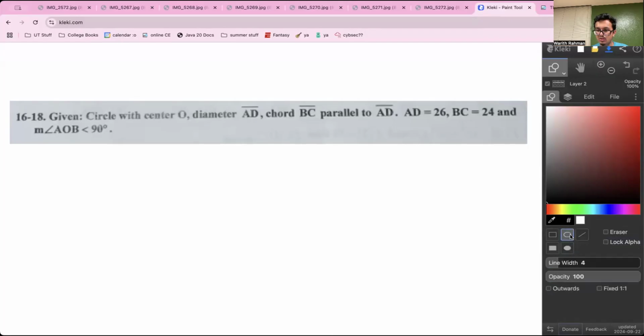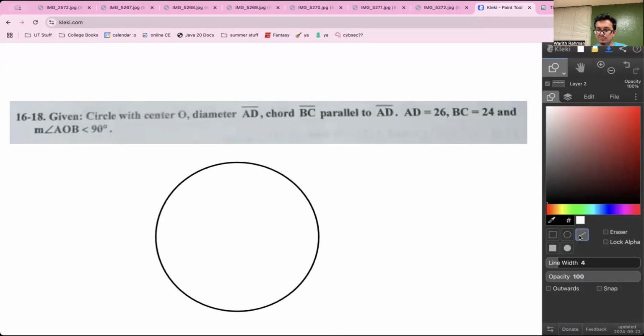Can I draw a clean circle? Oh, I can't. My face is blocking the fixed. Okay, here's our circle. Here's a line. Here's a line. Oh wait, it's parallel. I might be a bit slow. Okay. Obviously, I don't know if the lengths themselves are correct, but you have a really nice diagram.